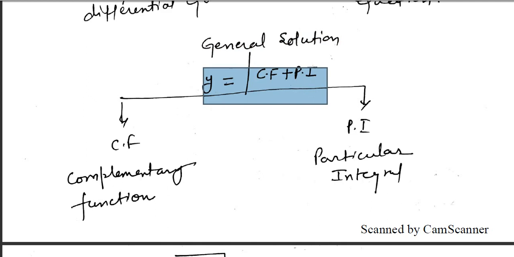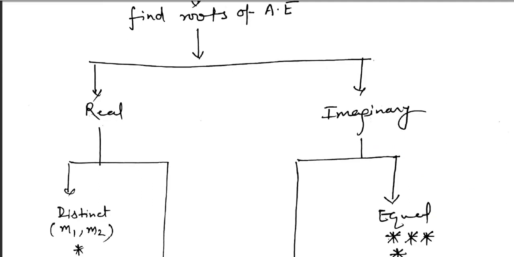CF is the short form of complementary function and PI is the short form of particular integral. How we calculate CF is very important, so let's start with CF.